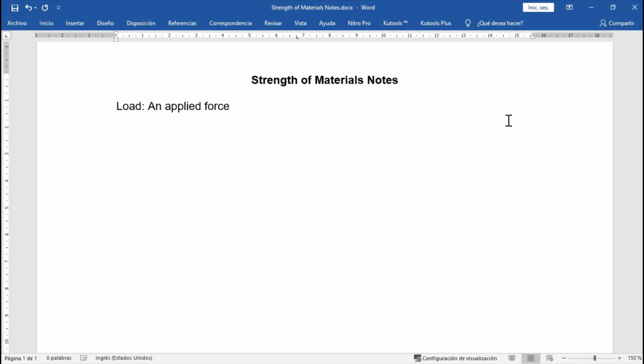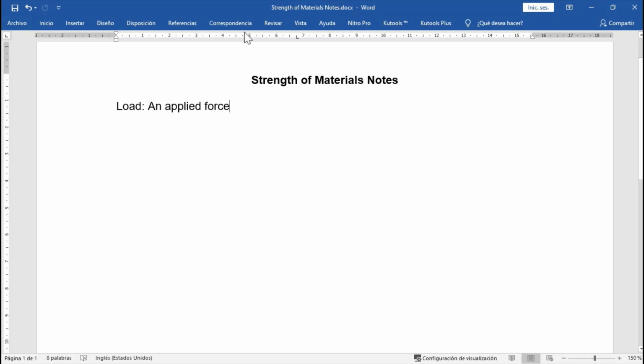That means that it is a force that is going to be affecting a structural member. For example, I don't know, a piece of wood. And imagine that you have your hand and you're going to be hitting the piece of wood several times. This is dynamic loading. Dynamic because your knuckles or your fist, your hand is going to be moving a lot when it is applying the force to the piece of wood.